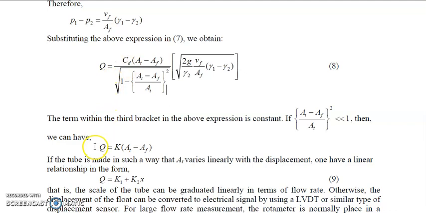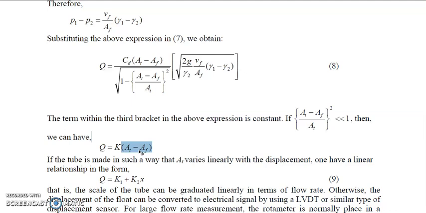So we will have this formula that must be learned, that must be remembered: Q is equal to, that is the mass flow rate is equal to capital K, the complete constant terms are taken as capital K, multiplied by AT minus AF. And this AT minus AF is actually the differential area, the difference in area.